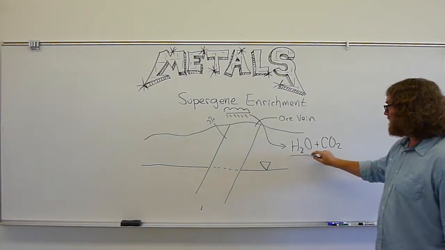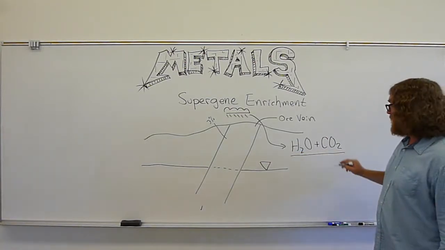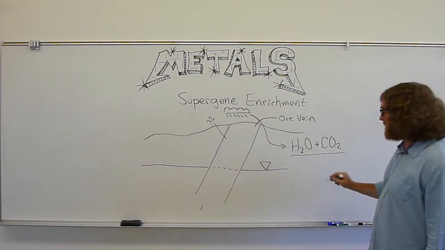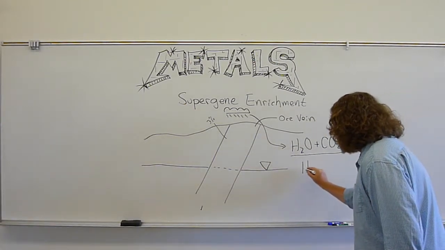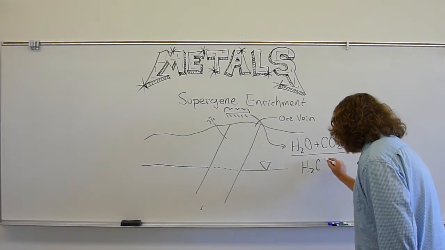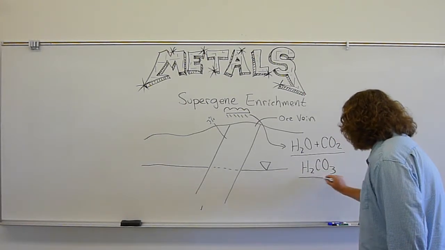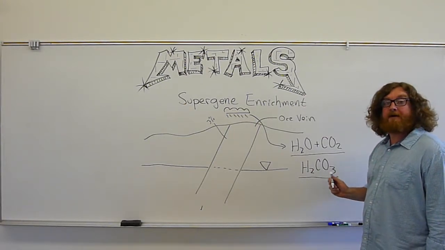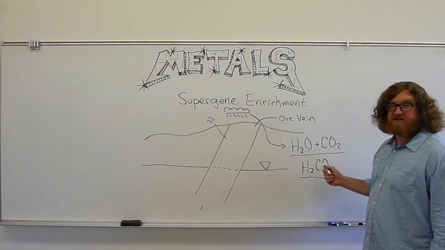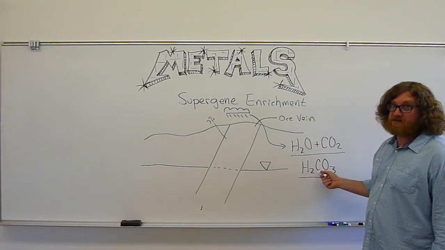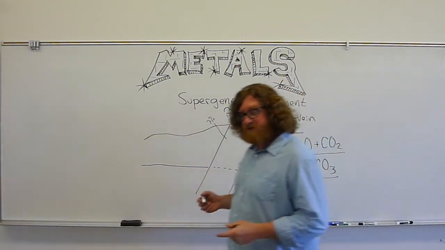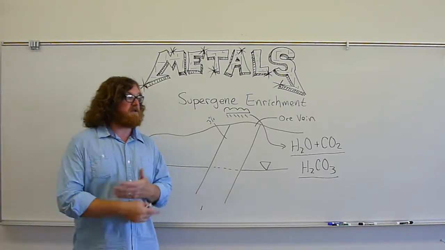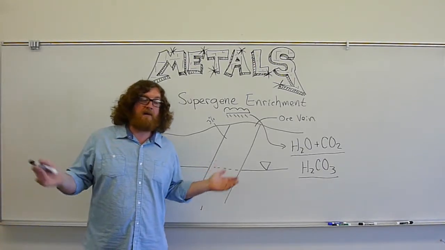And actually, H2O and CO2 will undergo a chemical reaction as rainwater is falling through the atmosphere and produce H2CO3, which is what we would call carbonic acid. It dissociates and forms an acid, which means it can dissolve stuff. So you hear the term acid rain. Well, rain is naturally acidic. It's just a regular thing that happens.